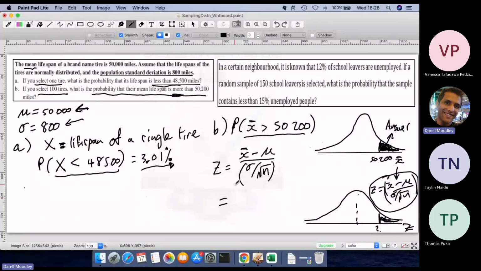For x bar, you're going to put 50,200, because that's the value they're telling you to convert to a Z. It's going to be 50,200 minus mu, which is given to us here. There it is, 50,000.